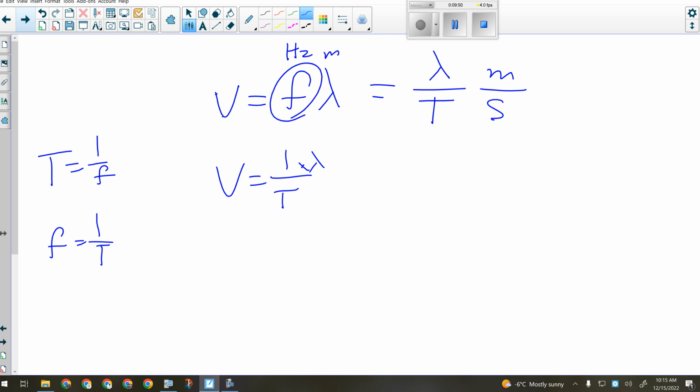So those same sound waves have the same frequency, but they have a greater speed and thus a greater wavelength. Because if speed changes and frequency can't change, that means wavelength has to change in the same way so that frequency doesn't change.